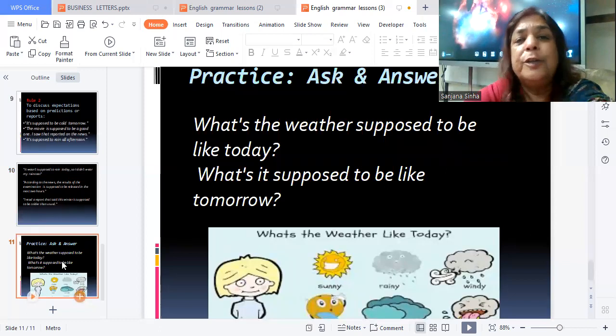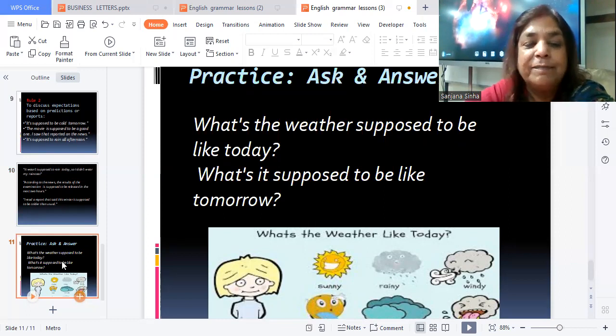It is supposed to be sunny or rainy or windy, so whatever the weather is, you have to make your plans accordingly. If it's going to rain, you're not going to go outside, right? And if it's going to be nice and sunny, you are all set to go out and have some fun.